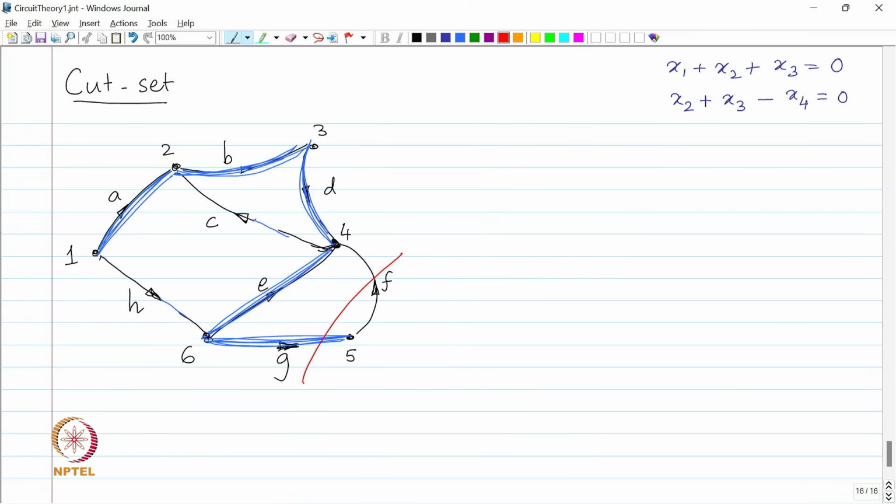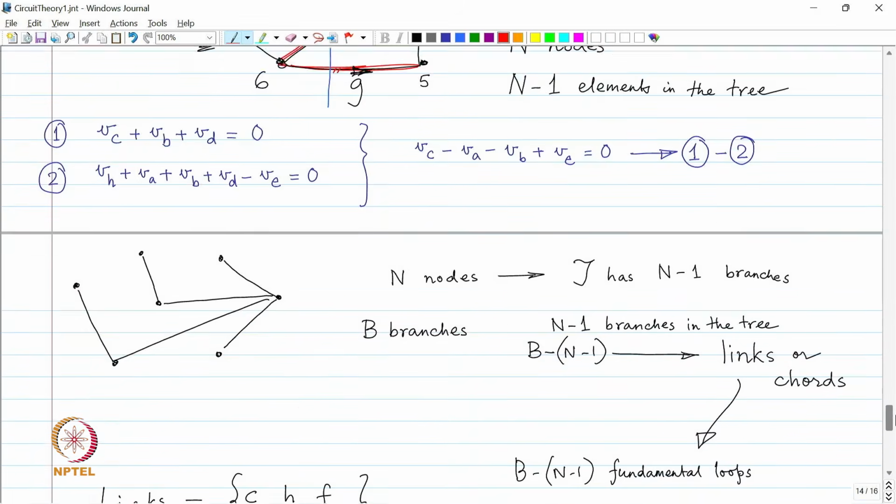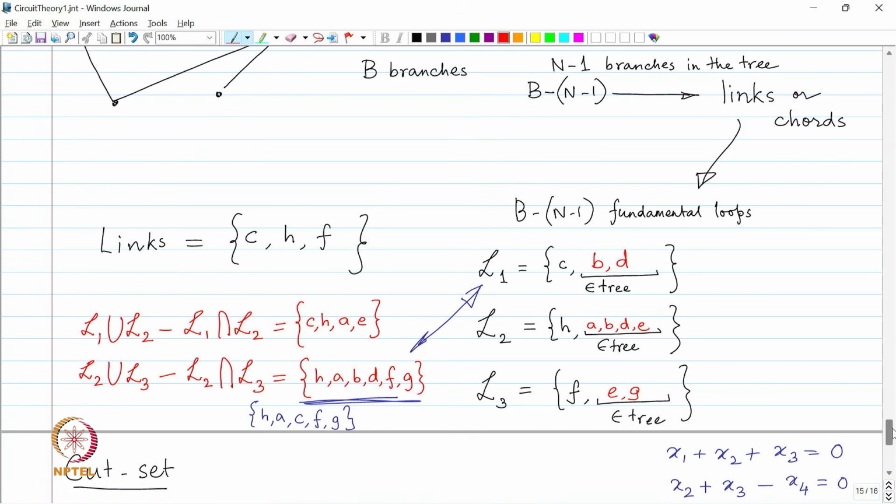So, the cut set will have one element of the tree and all other elements coming from the links. Just like the loops, how did we have the loops? The fundamental loops, one element from the links and all other elements from the tree.